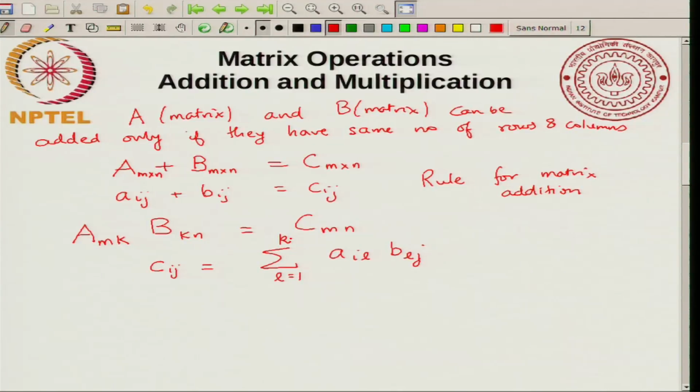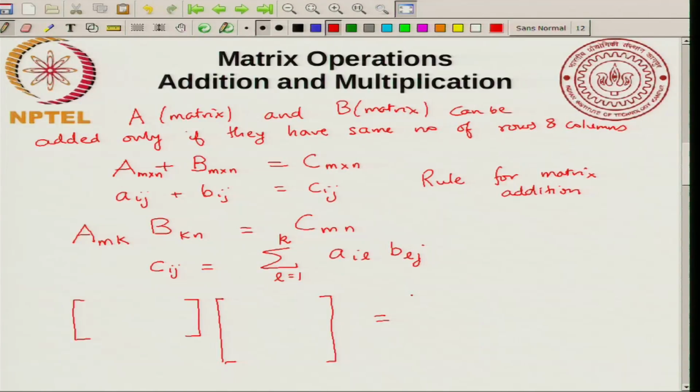Again I am not doing this in all detail, because I am sure many of you are familiar. If you have a matrix that looks like this, and you have another matrix that looks like this, where the number of rows here is equal to the number of columns here, then when you multiply these, you will get a matrix that has this many rows and this many columns.